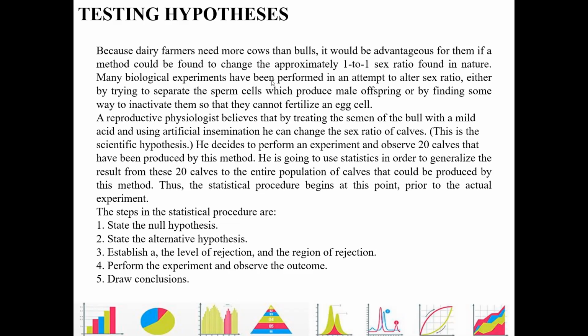So, a reproductive physiologist believes that by treating semen of the bull with a mild acid and using artificial insemination, he can change the sex ratio of the calves.